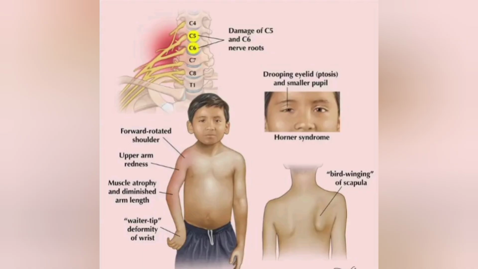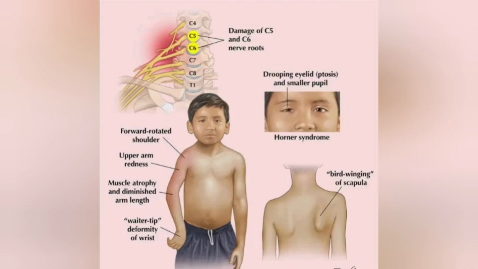Next, the muscles that get paralyzed are biceps brachii, deltoid, brachialis and brachioradialis. These are mainly paralyzed muscles, and some muscles are partially paralyzed, that are supraspinatus, infraspinatus and supinator. You can see these nerve roots C5 and C6.